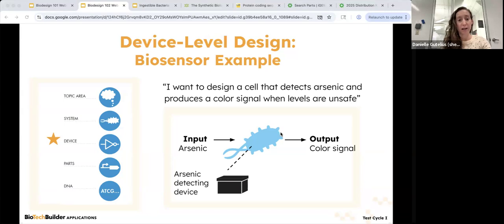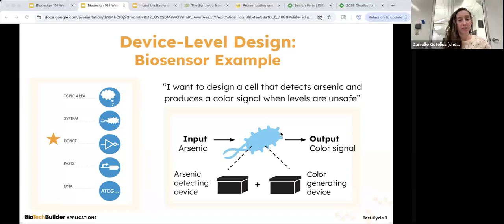So to do this, we have to have more than one device, possibly. One device would be an arsenic detecting device so that we know if arsenic is there or not. And then to get our output, we need a color generating device. Okay, so for the next few slides, and actually the remainder of today's webinar, we're going to focus on this particular example. We're going to walk through how this would work.